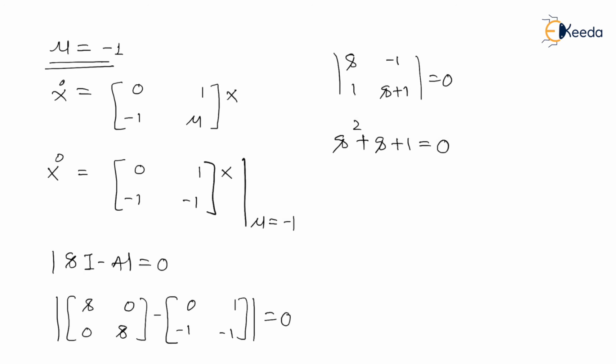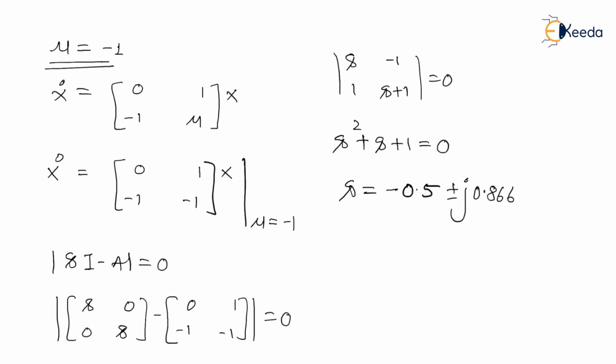Now I need to find out the pole locations. If you solve this on the calculator, the pole locations will be s is equal to minus 0.5 plus minus j 0.866.